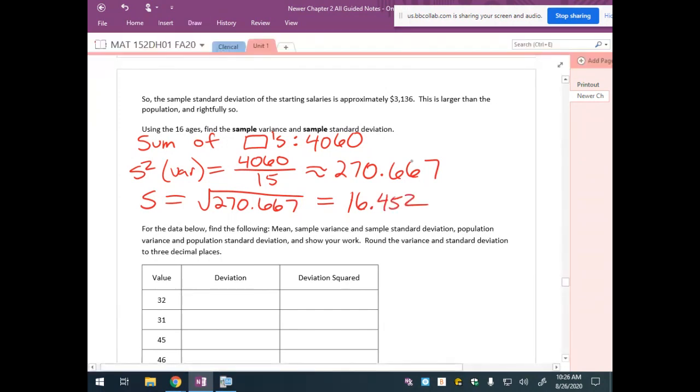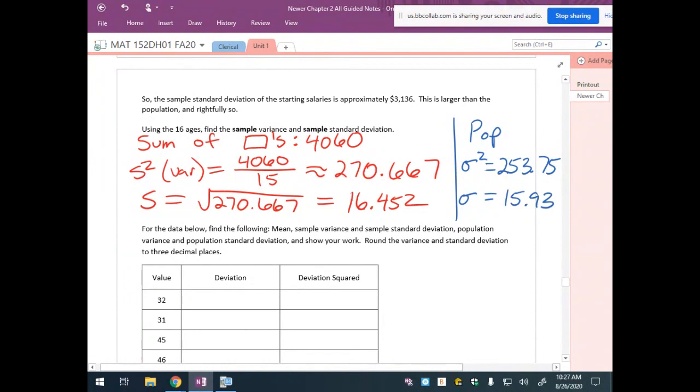Now, I'm going to rewrite, so these are the sample characteristics. The population variance and standard deviation: the variance was 253.75, and the standard deviation was 15.93.